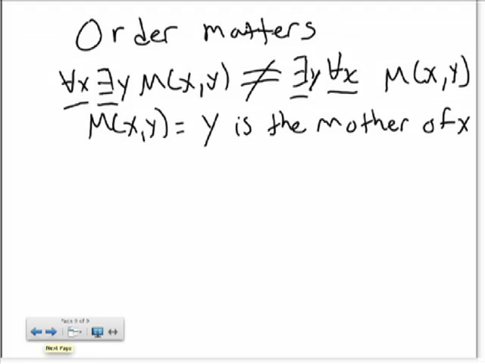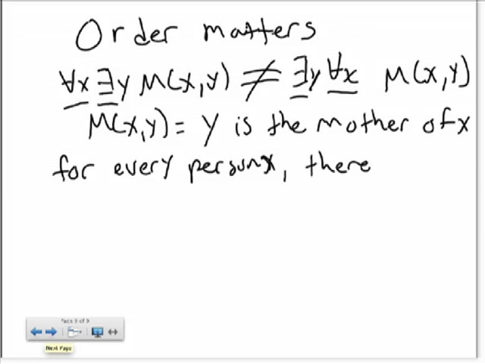So if we let M(x, y) equal y is the mother of x, then the left-hand side is saying that for every person x, there exists some mother y. And I think we can all agree that that statement is true.